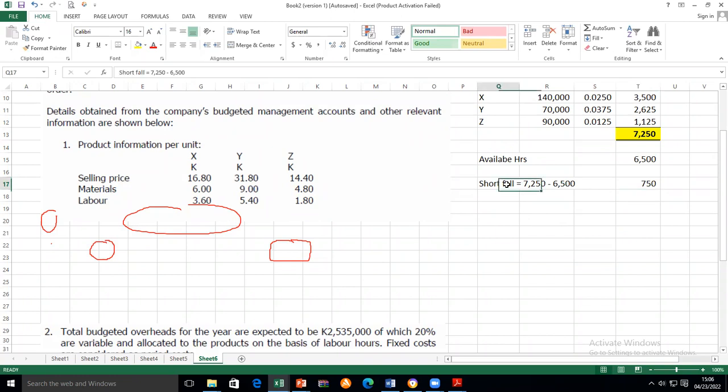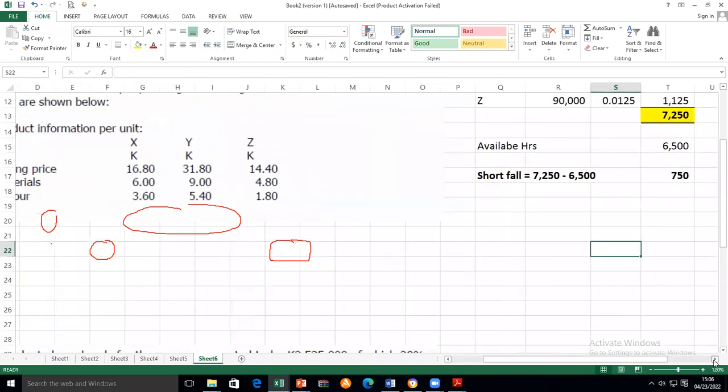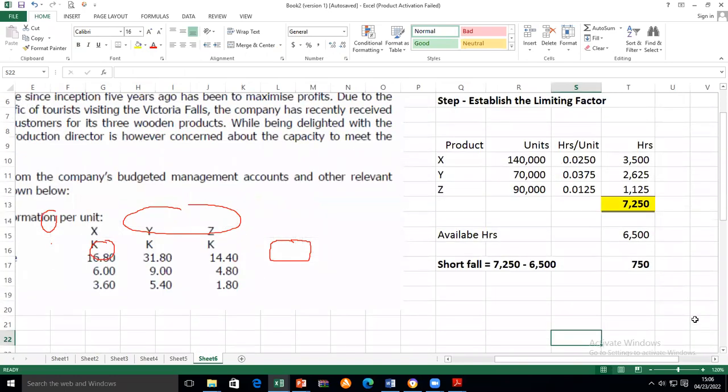So that's a shortfall that we have. I hope we are all okay at that point, and I hope the screen is big enough for us to see. So that is your step number one.